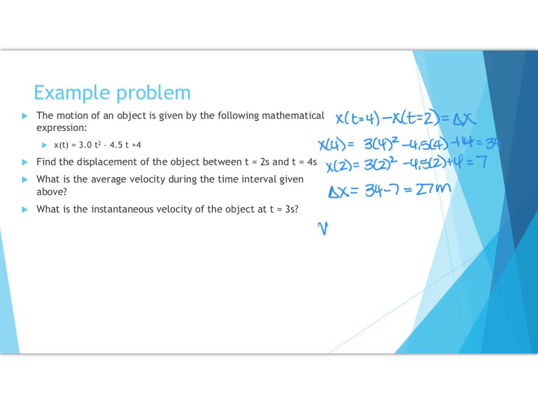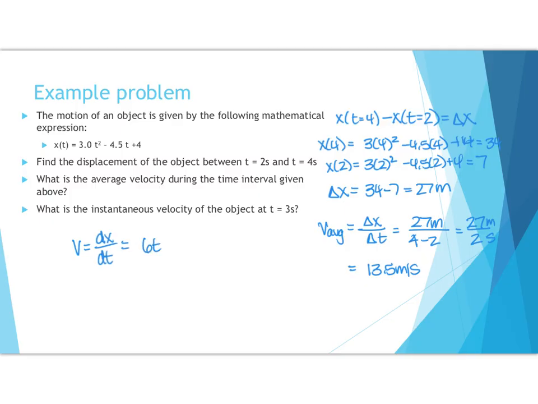For the average velocity during this time interval, we take the displacement over the time, so we get 27 meters over 4 minus 2, which is 2 seconds, and so that is 13.5 meters per second as our average velocity over that time interval. To get the instantaneous velocity, remember that's the derivative of the function with respect to time, we would get 6t minus 4.5, and then we're going to evaluate that at 3 seconds.